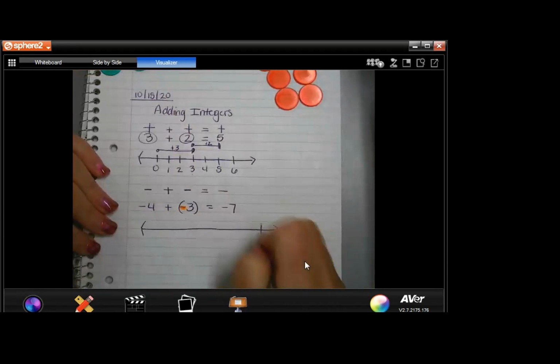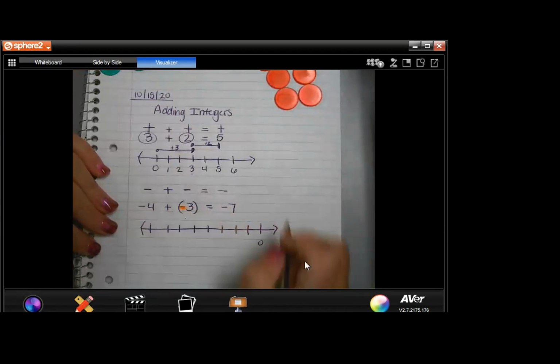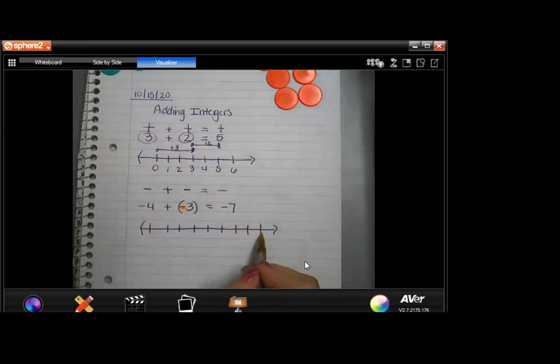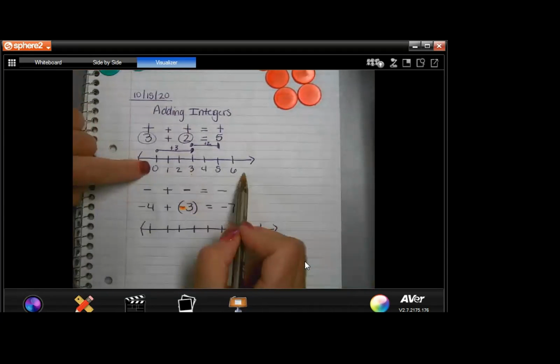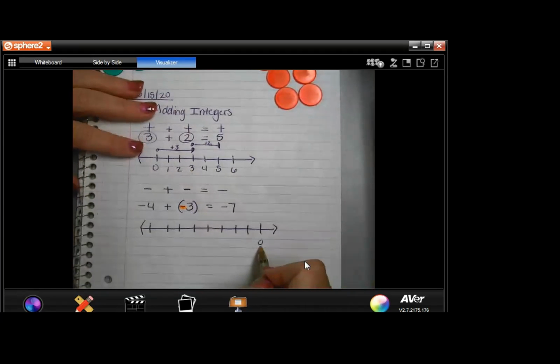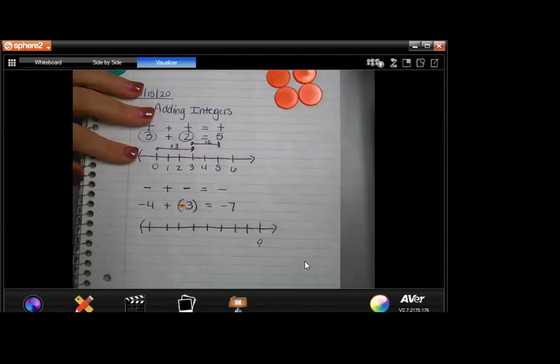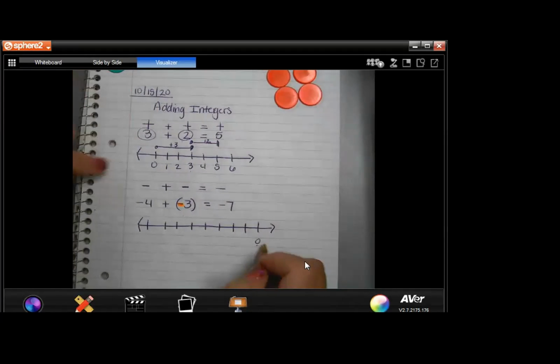So if I wanted to draw this out, okay, here is 0. And I guess I probably should have talked about a number line. So when you start at 0 and go positive, it goes up by 1s. When you start at 0 and go into the dark side, that's right, I call the negative side of the number line the dark side. You go opposite.